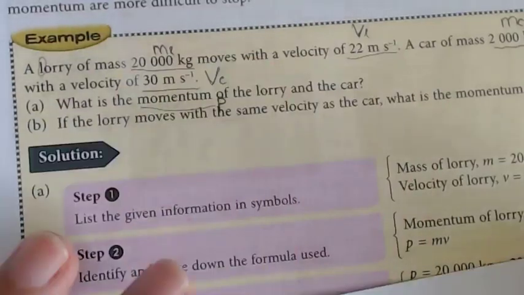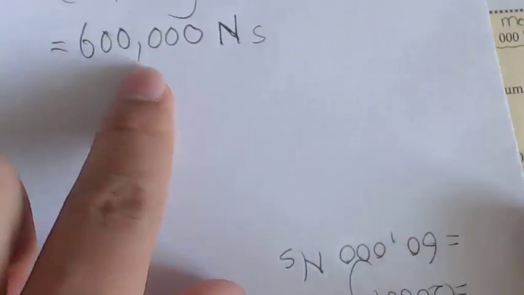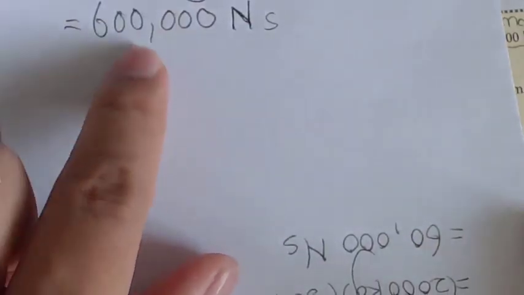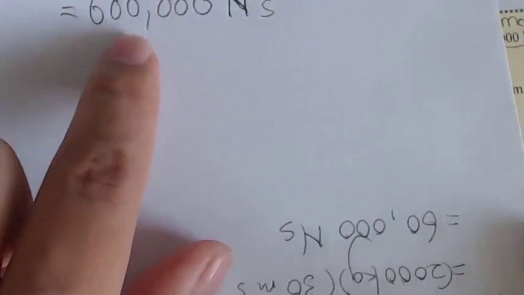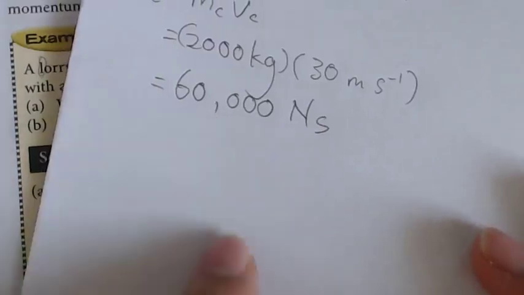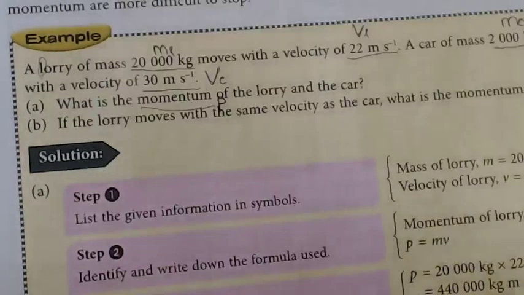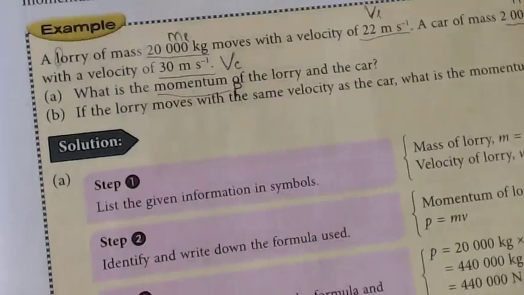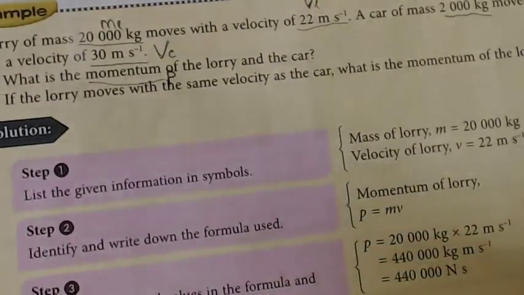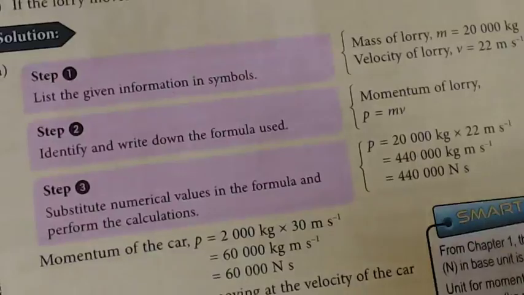Both the same speed. So you see, if they move with the same speed, how many times? 600,000 refer to 60,000. It is 10 times. Wow. So as I said earlier, you'd rather be hit by a car than by a lorry. Okay.